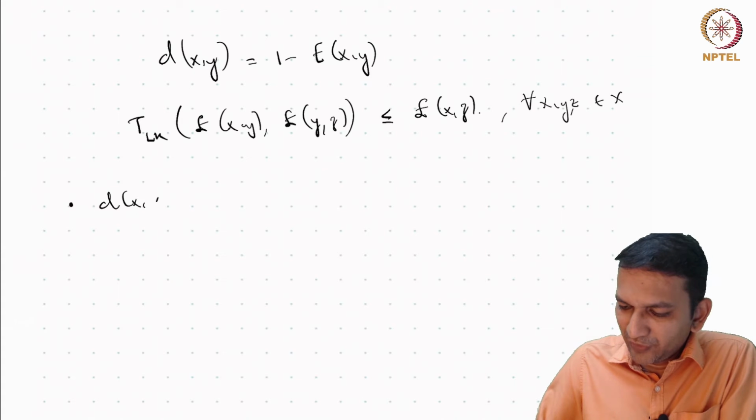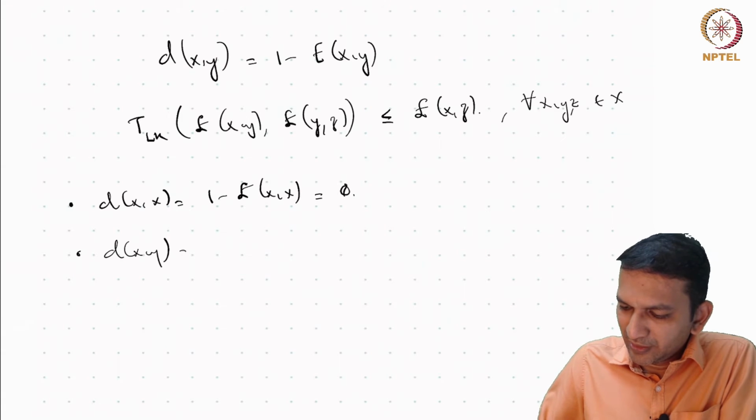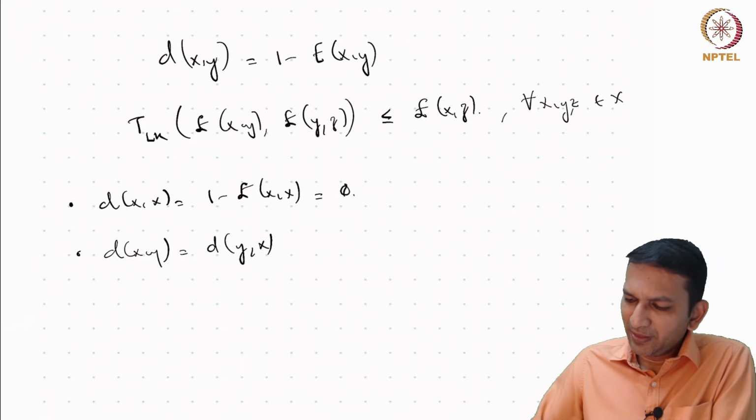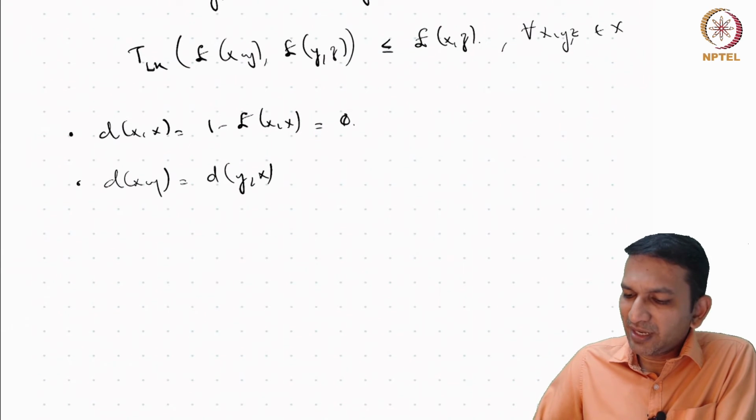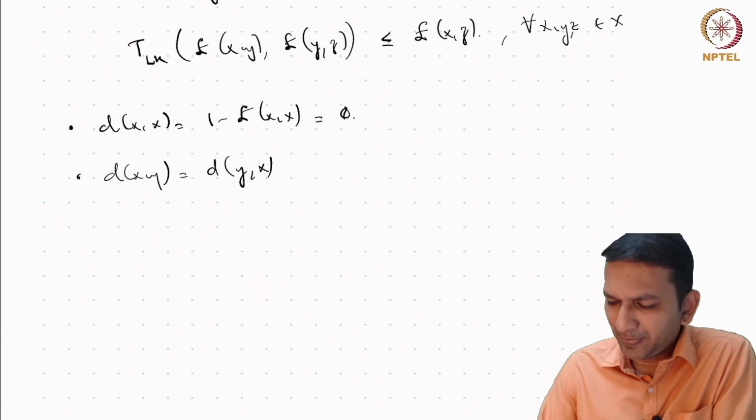Clearly, d of xx is equal to 1 minus e of xx, which is 0, since e is reflexive. Clearly, d of xy is also d of yx because e is also symmetric. Now what we need to prove is the triangle inequality of the function d.